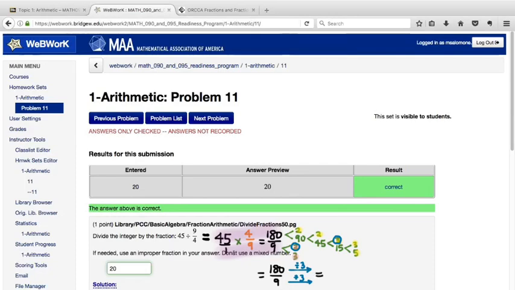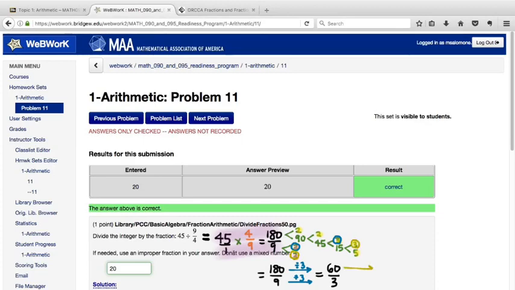So 180 divided by 3 gives me 60. 9 divided by 3 gives me 3. And this new fraction, 60 over 3, has the same value as the old fraction, 180 over 9, because I divided both numerator and denominator by the same quantity. And yet again, we can play the same game with 60 over 3. They both have a 3 that they can agree upon.